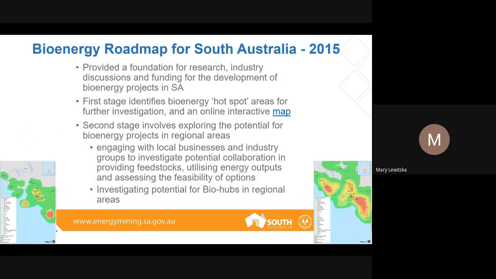So just mentioned earlier about the Bioenergy Roadmap for South Australia, which came out in 2015. So this defined the resource and the demand. We explored the opportunities and supported early work. We provided advocacy and industry and stakeholder engagement, and as mentioned, the seed funding. So the hotspot areas were developed by looking at areas that had sufficient feedstock quantities.